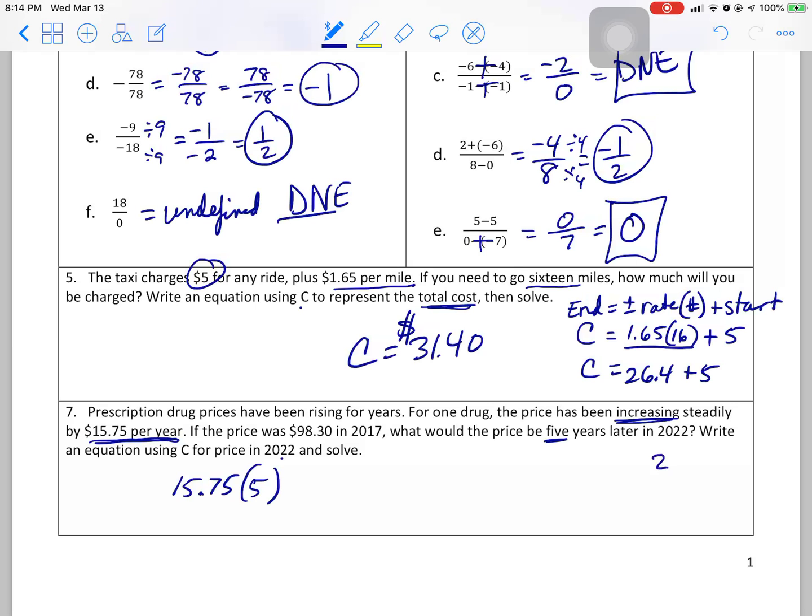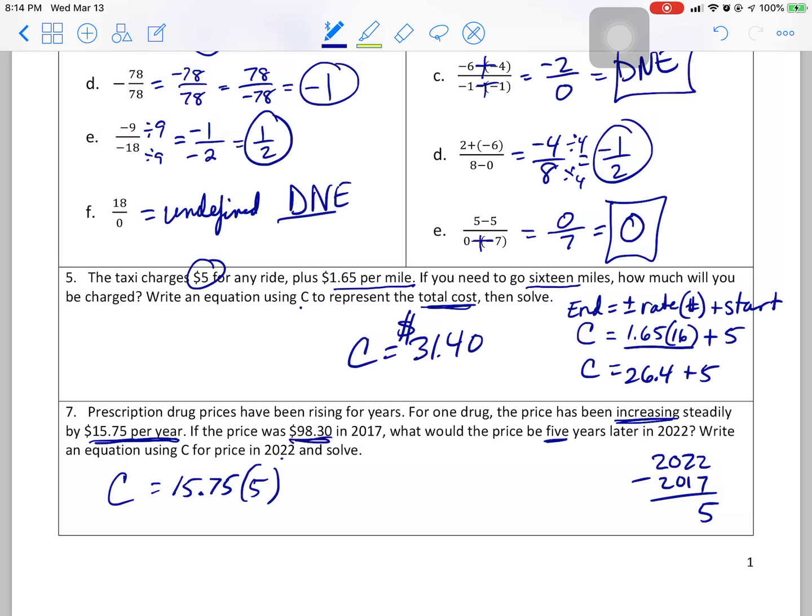So some of the problems are going to have you do the math to figure out how many years that is. Okay? But either way, it's price per year. So it's rate times year, right? And then it says use the C for the price and solve.